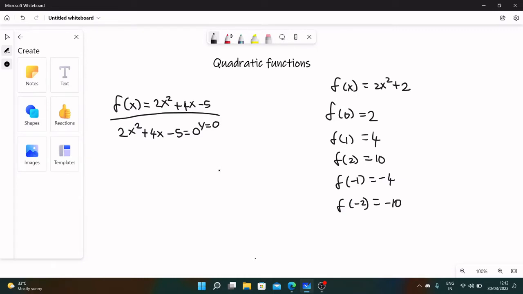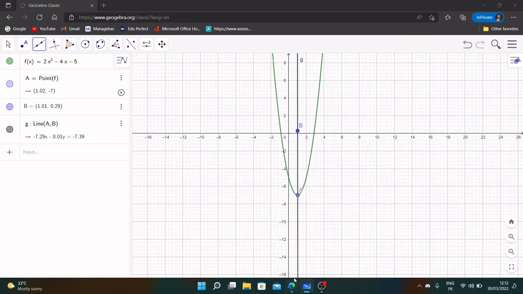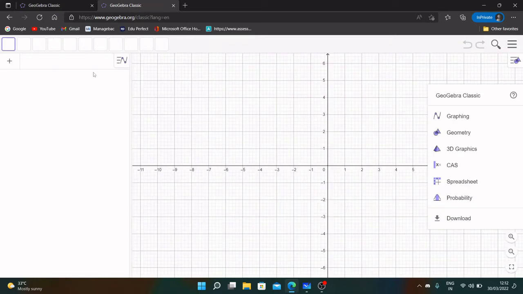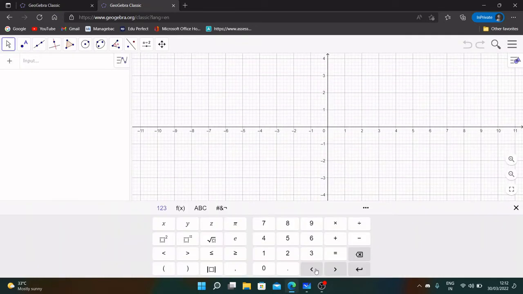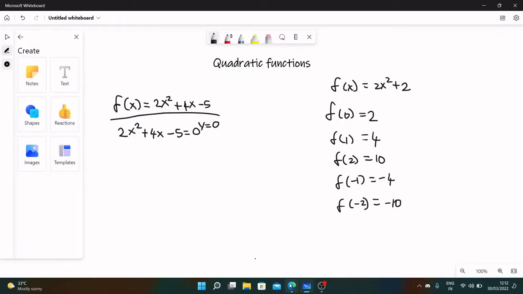So if we plot this on the graph, our points will be over here: (0, 2), (1, 4), (2, 10), (-1, 4), and (-2, 10). These are our five coordinates.